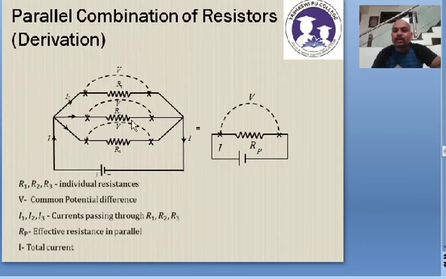So what is the total current here? All the 3 resistors, total current is I, potential drop is V. Here also the current is I, potential drop is V. So therefore, these 3 resistors are effectively replaced by a single resistor, that is called equivalent resistor in parallel. So I hope it is very clear.